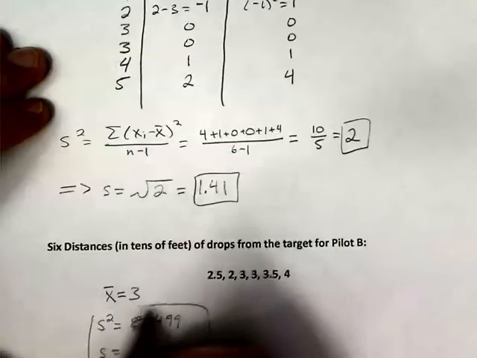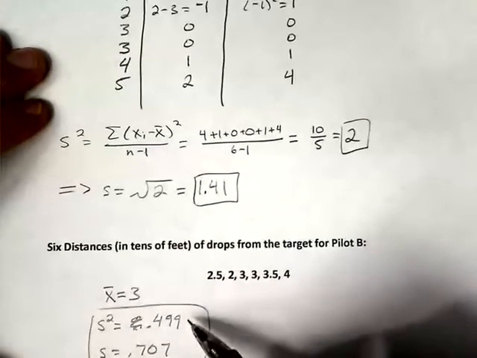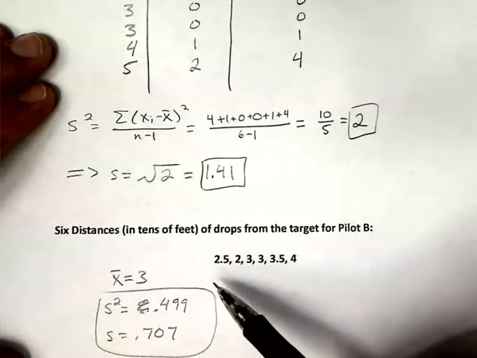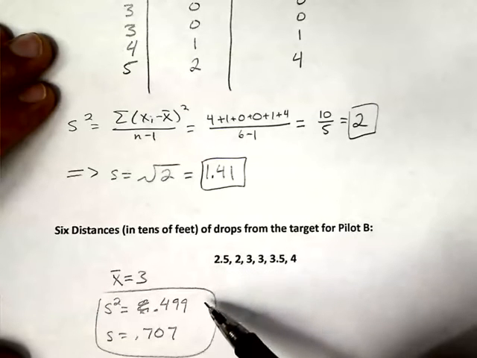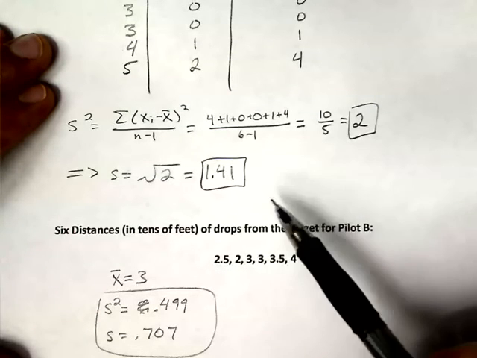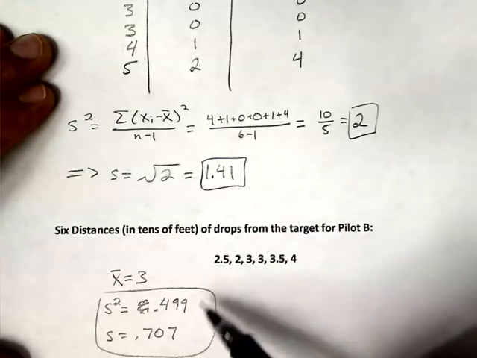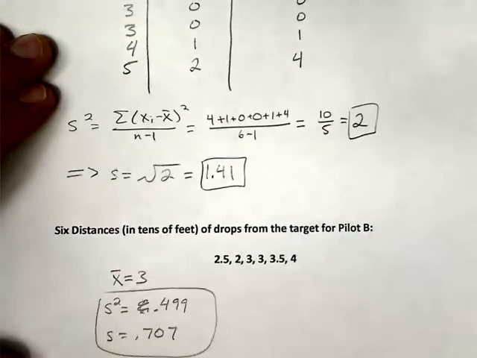So when I compare the variances here, clearly the variance for pilot B is smaller, and also the standard deviation for pilot B is smaller. In fact, it's about half of what it is for pilot A.